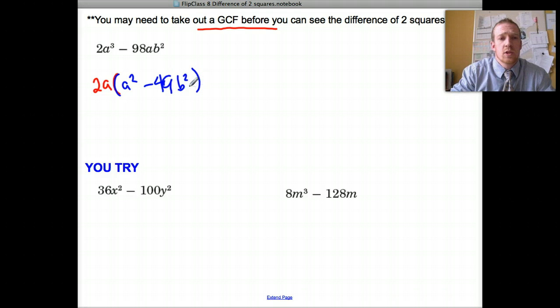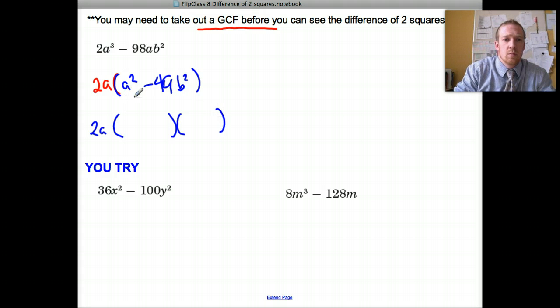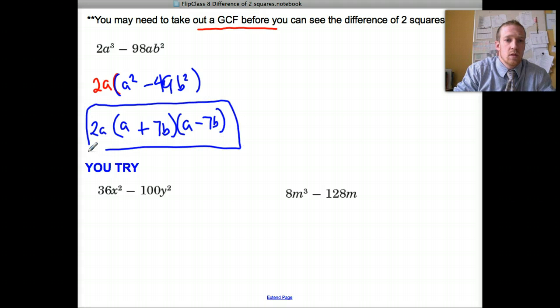Alright, and those are two perfect squares. So I can't forget the 2a, I've got to keep it here. But I'm only looking at the blue here. So I'm going to have an a and an a, because that's the square root of the first, and a 7b and a 7b, because that's the square root of the second part. And that's going to be a plus and a minus. That's all done. We factored it completely.